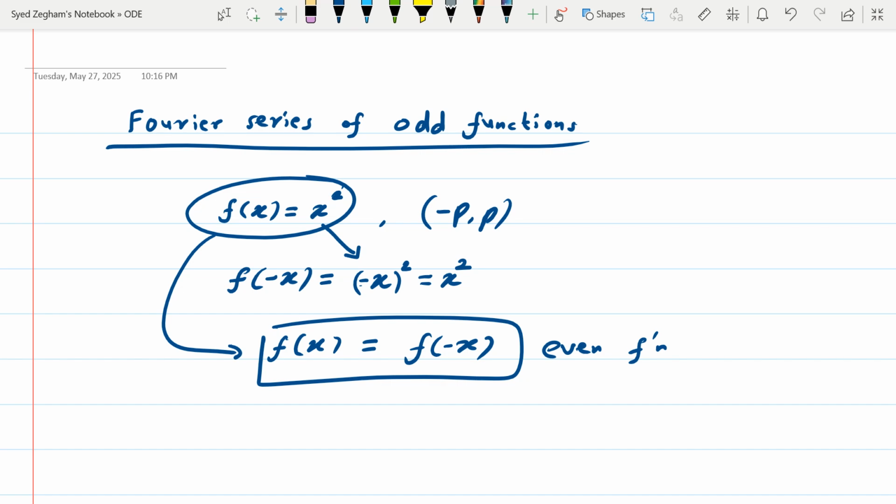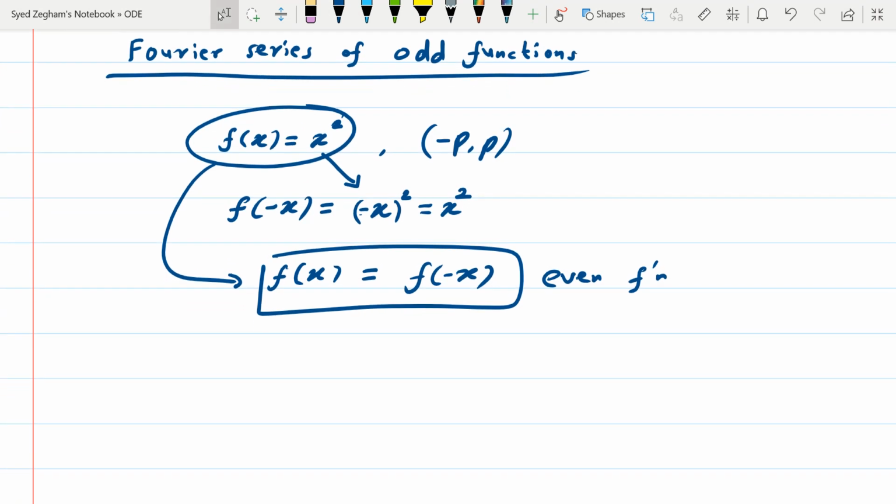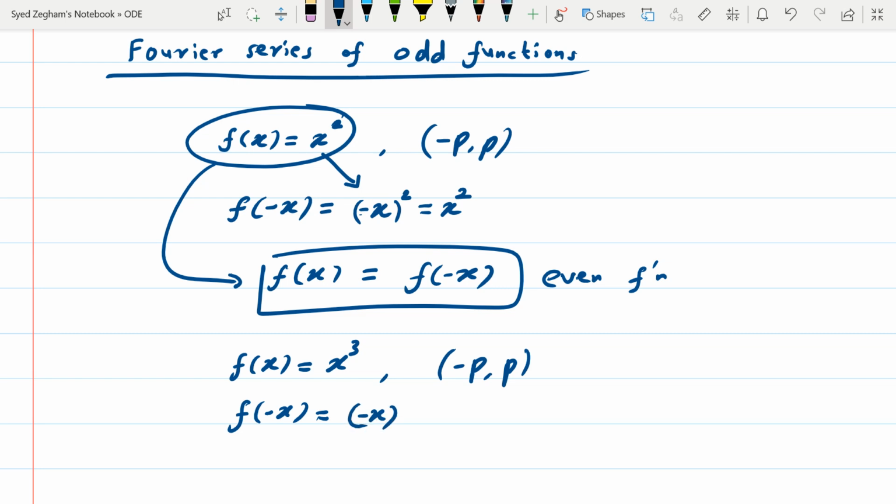And in the same way, suppose f of x is equal to x power 3, defined on some interval minus p to plus p. Now what will happen if I replace x by minus x? This will become minus x whole power 3, which is nothing but minus of x cube, right?